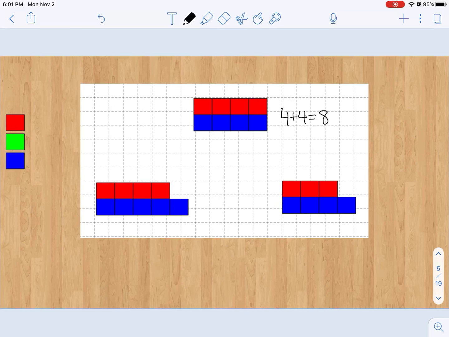If you see that 3 plus 4 equals 7 and 4 plus 5 equals 9, you are correct.